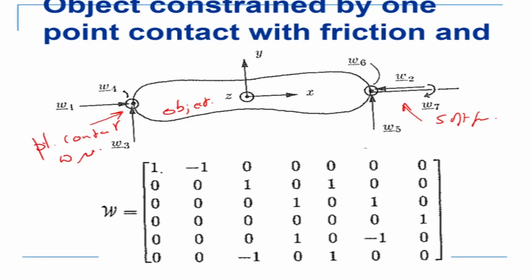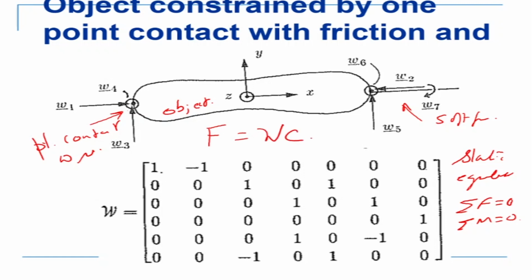Now what are we trying to do? We are trying to find the condition of static equilibrium, which means sigma F must be equal to 0 and sigma M must be equal to 0. Forces and moments in the x, y, and z directions must be equal to 0. This is for static equilibrium. So what we are getting is F is equal to W into C, and this is what I was talking about.